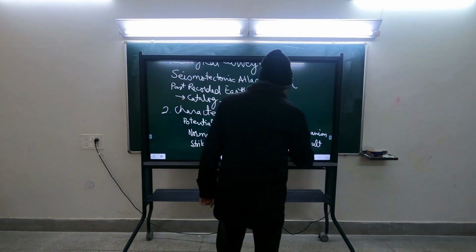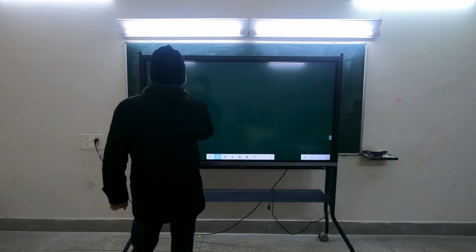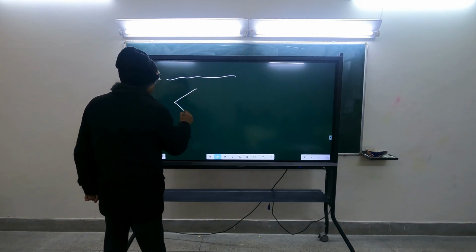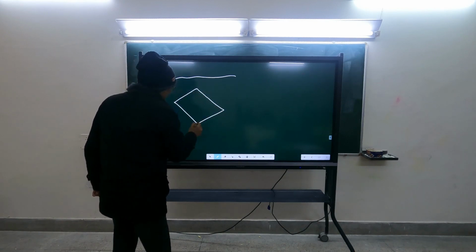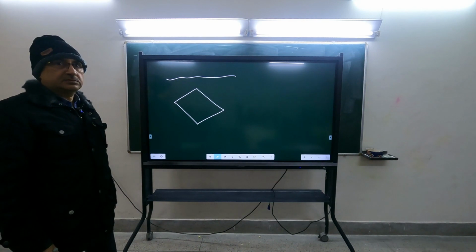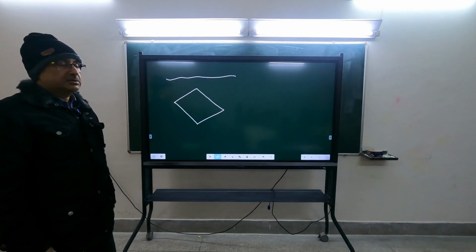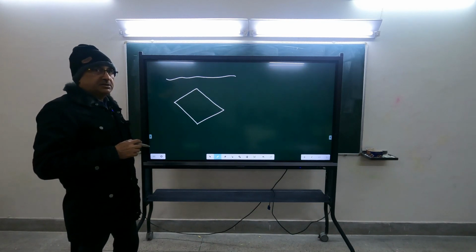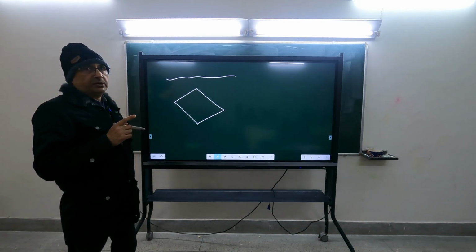What does that mean? Within the earth, the fault is a plane. So this fault can be represented by two coordinates.